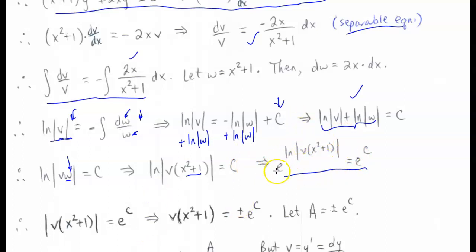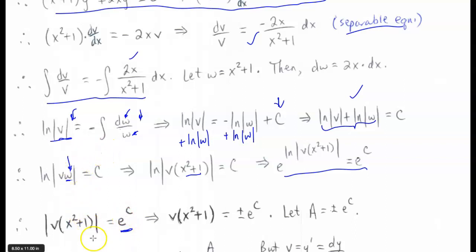And we know that e raised to the natural log of whatever just ends up being whatever. And e raised to the c, we just copy it down here. Notice that c is a constant, and e, even though it is the base of our exponential expression, is a constant as well. So a constant raised to a constant is just going to be a constant, okay?